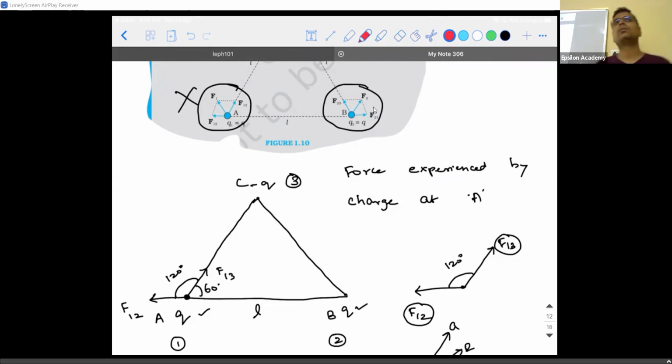Root 3F. How did you get it? Very good. So what will be the angle in this case? It will be 60. So when the angle is 60 and 120, look at the difference in answers.